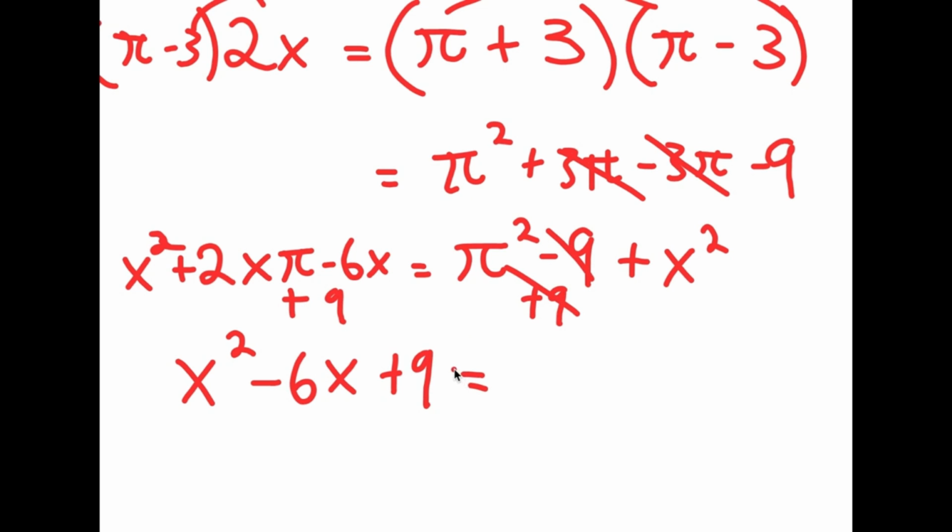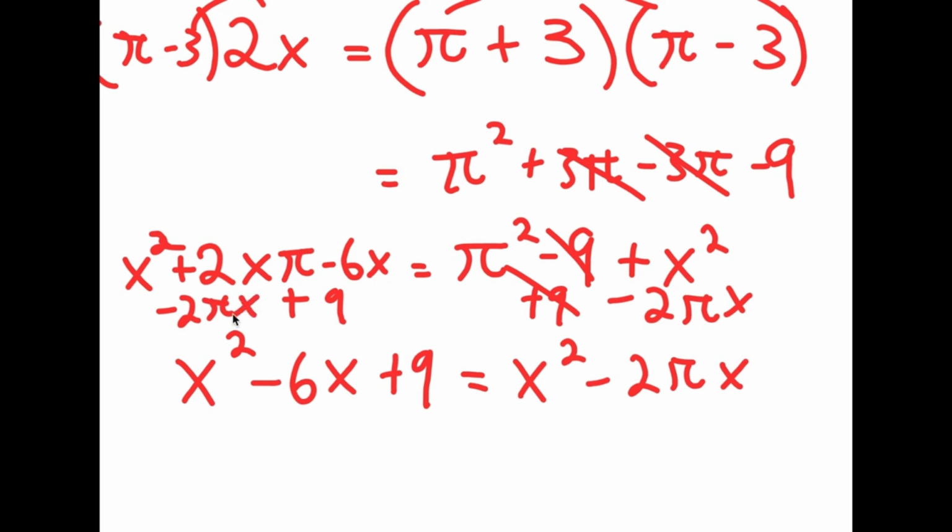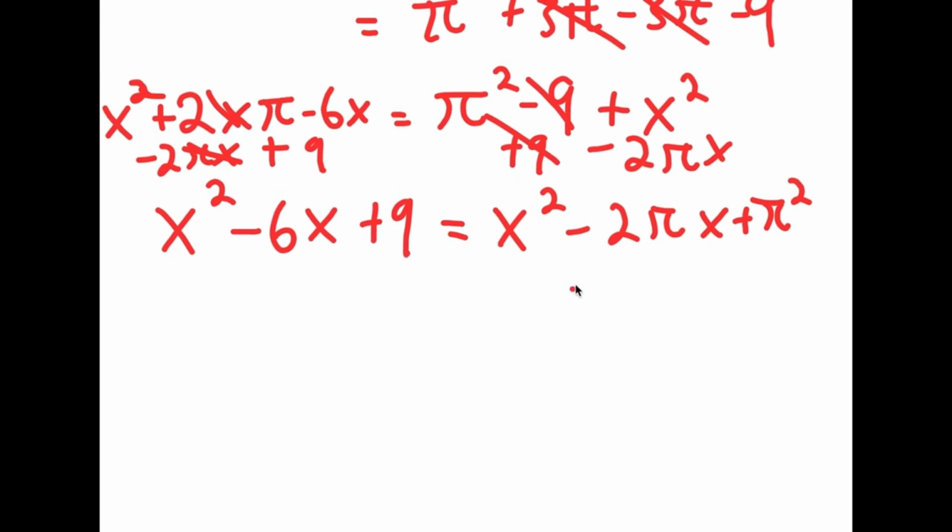Is equal to x squared minus 2πx, so I'm going to subtract 2πx on both sides, and at the end, plus π squared. So I have x squared minus 6x plus 9 is equal to x squared minus 2πx plus π squared.